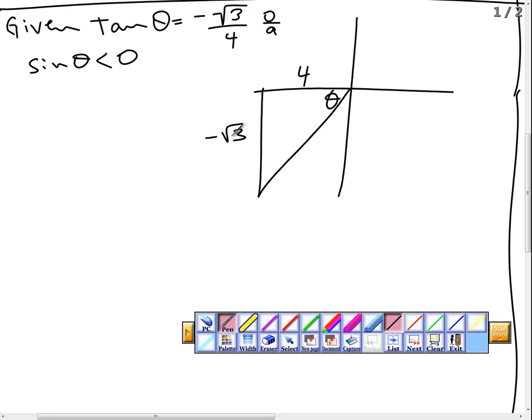Now, how do we know where the negative went, for square root 3 or 4? Actually, this is not tangent. This is cosine. There we go, that's better. And we want to find sine theta and tangent theta.